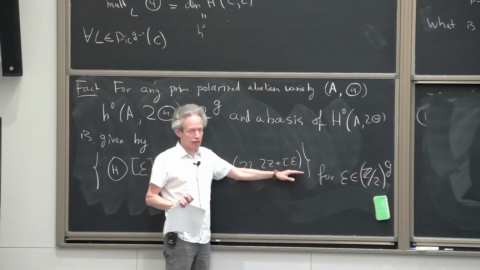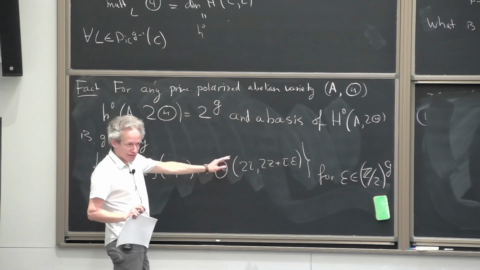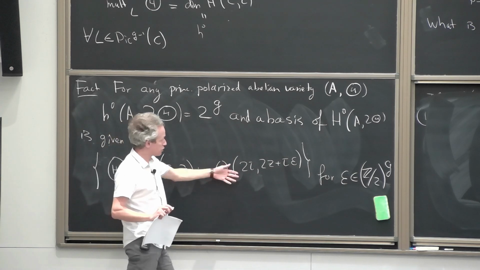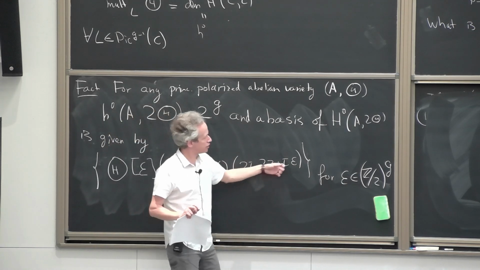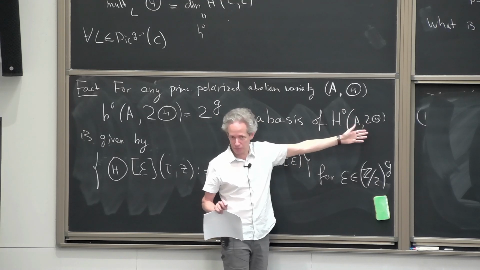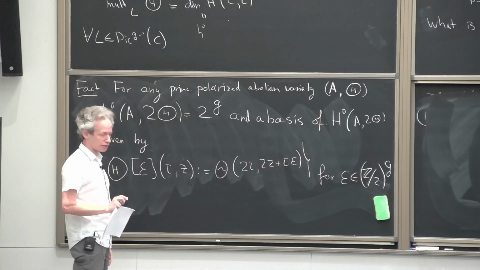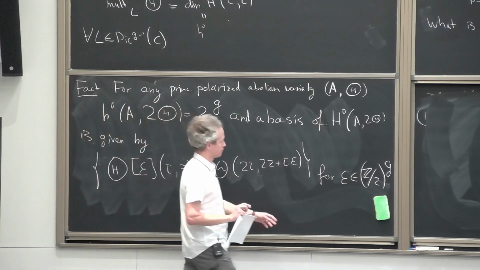Okay? The way I've written it, it's not at all clear. It's clear if you do a little computation, but it's not immediate that this gadget has anything to do with sections of 2 theta. In fact, it does. It's not at all clear that this gives me a basis for sections of 2 theta, but in fact they do.